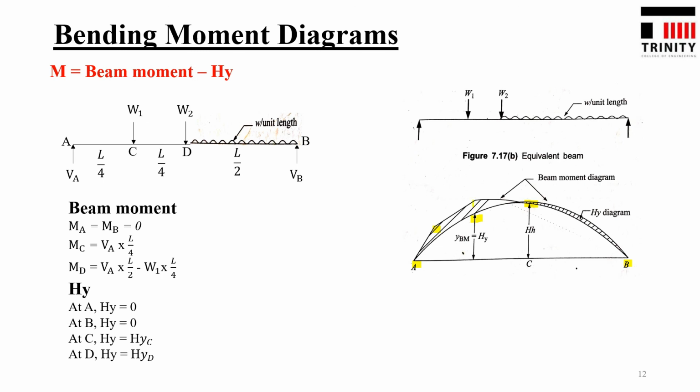Since these loads are point loads, complete the bending moment diagram by using straight lines, and for the portion where UDL is running, you need to draw a parabola. Okay. And the bending moment diagram is the difference of beam moment and Hy moment, that is the shaded region.